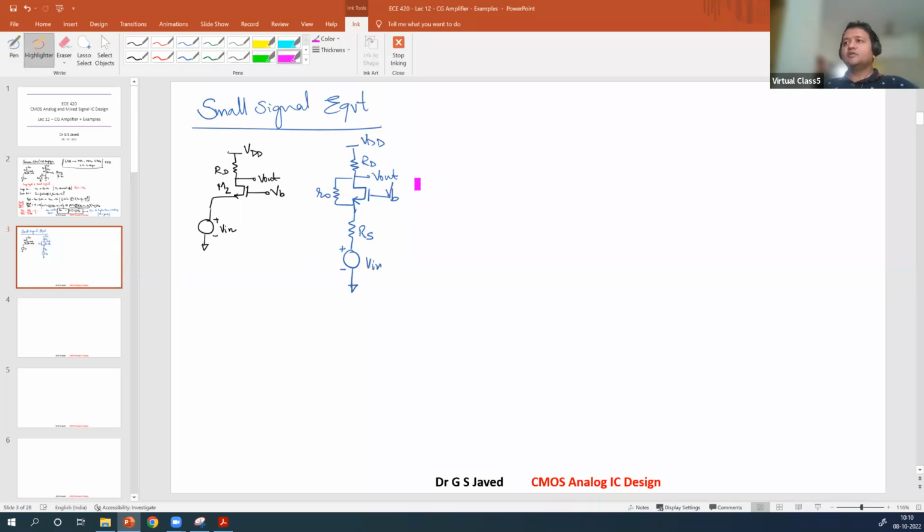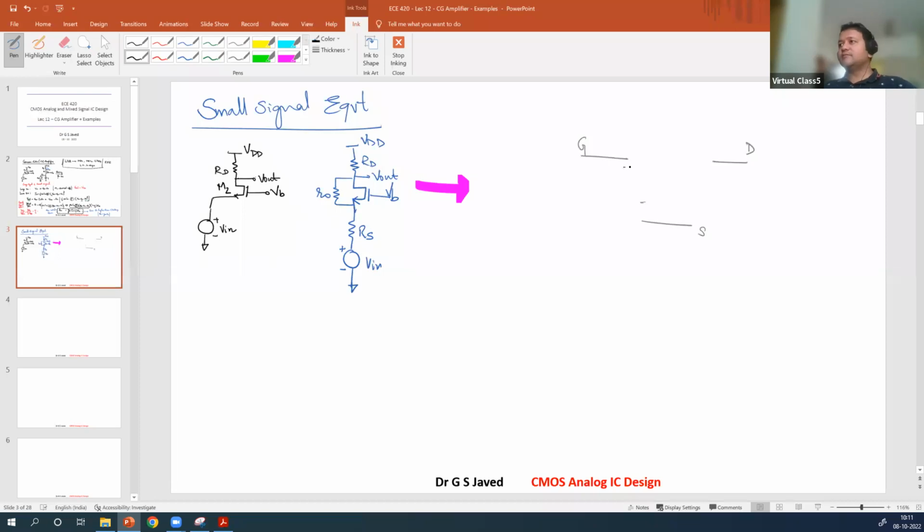Now let us draw the small signal equivalent. Let us bring back our gray box. You will have 3 terminals: gate, drain, source. So now let's start filling up.